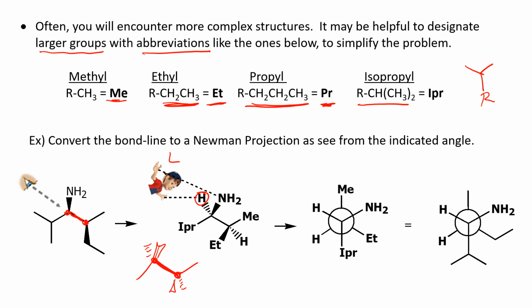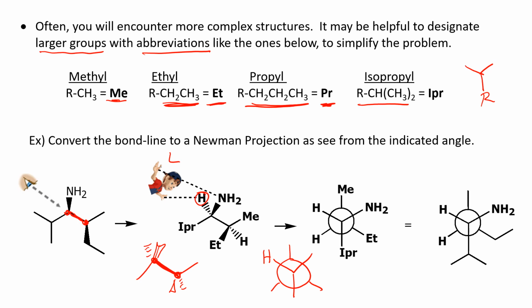Now notice we have the Y-shaped Newman from this perspective. So if we want to start over, our Y-shaped Newman from the front and the back is just the opposite. It's the upside down Y. If you are looking from the left, the dashes will be on your left.